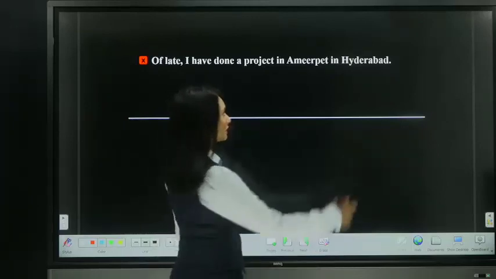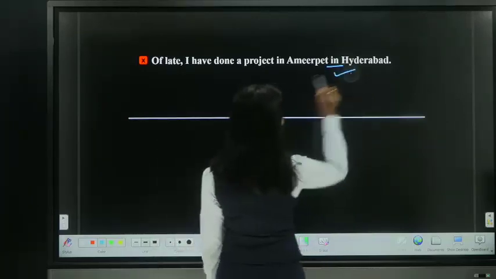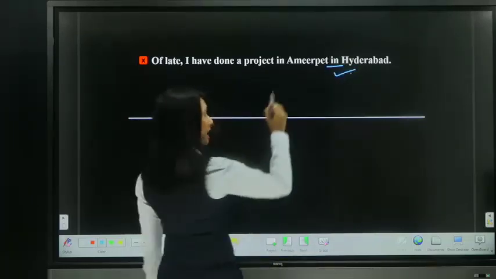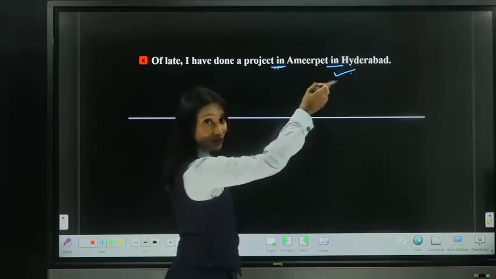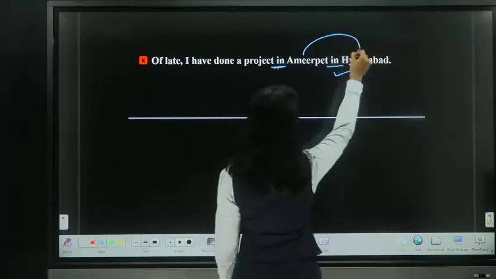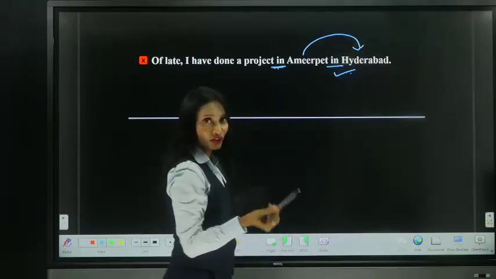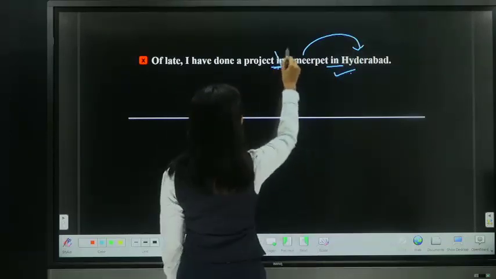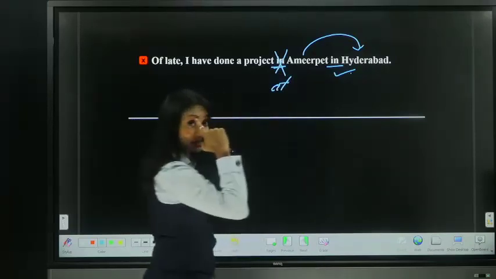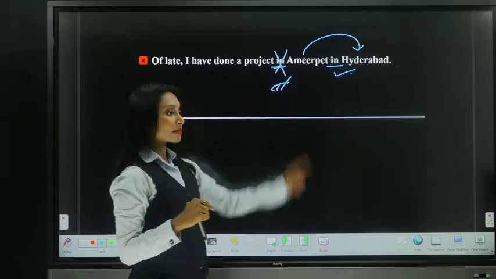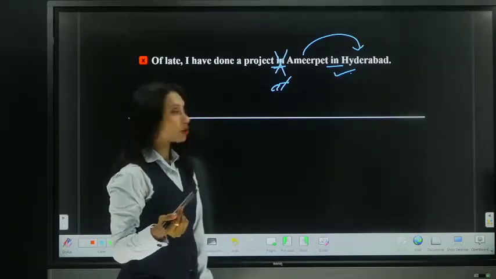So before cities, in is correct. Amirpet is a geographical division of Hyderabad. Amirpet is in Hyderabad, right? So it is inappropriate to use in before Amirpet. It should be at Amirpet in Hyderabad. I hope it is clear.